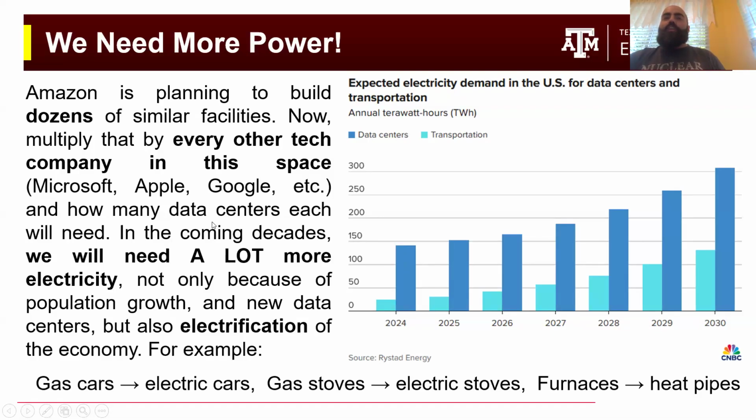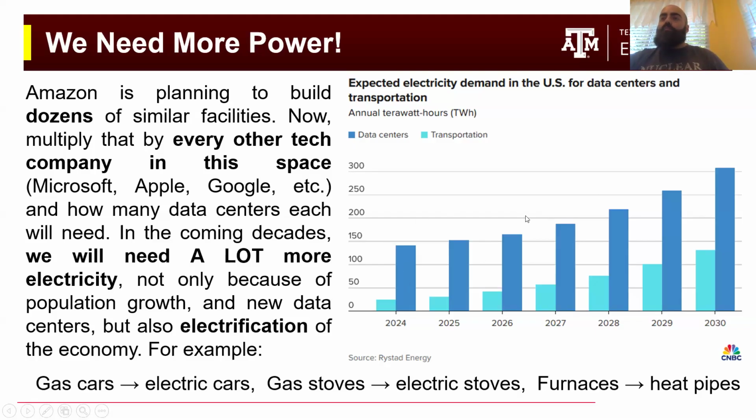All of those companies are going to be building data centers, and all of those data centers are going to be using a lot of electricity. So even if our population wasn't growing, we would still end up using a lot more energy and electricity because of these data centers being built out.